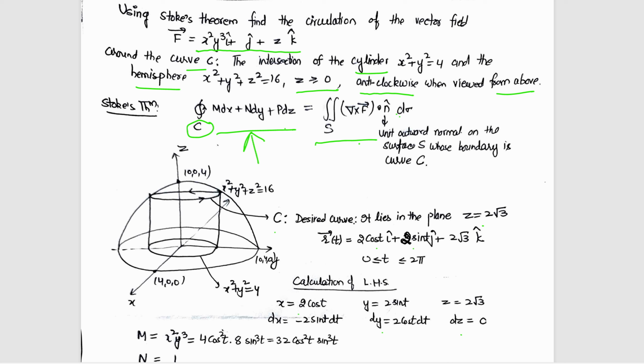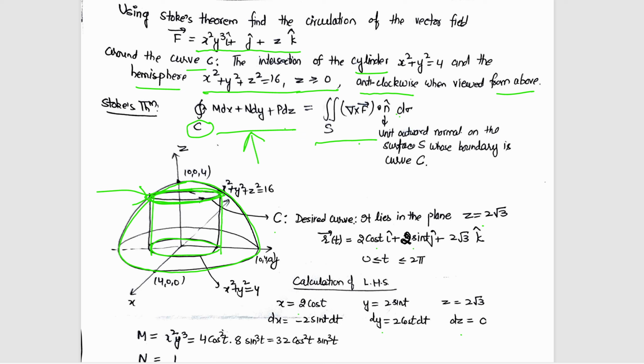Cylinder of radius 2, which is this surface here, and then we have the hemisphere of radius 4 on the positive side of the z-axis, which is this surface, and the intersection is this curve on the top here. This is the curve C.